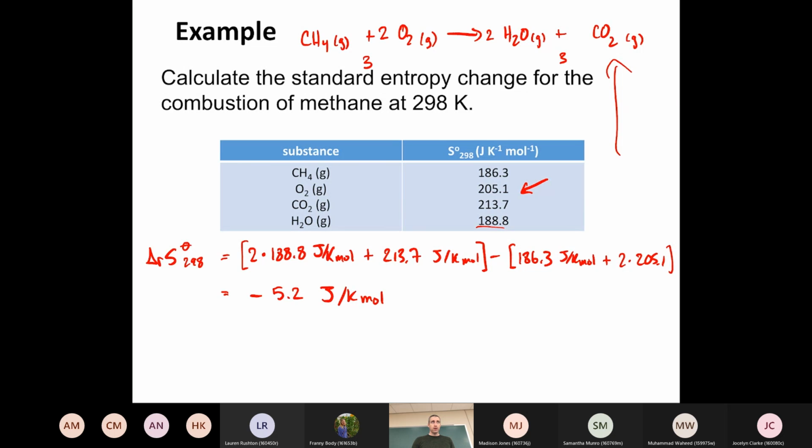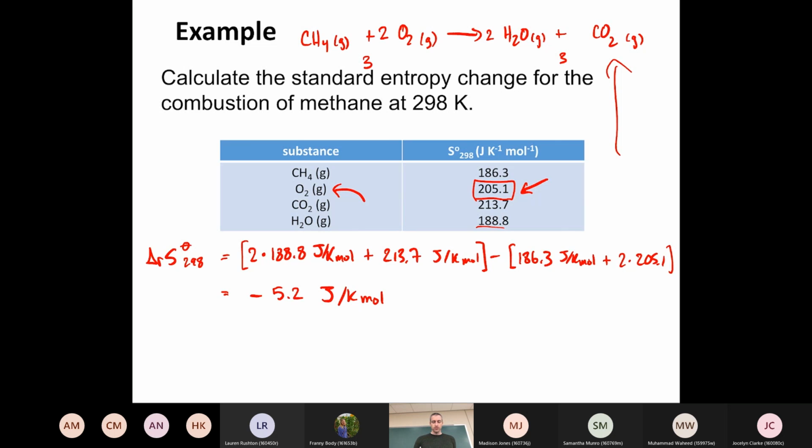Another thing I wanted to point out is that oxygen is there, and oxygen has a nice big fat standard molar entropy, 205.1. If you remember when we did enthalpies of formation, pure substances in their standard states like O2 had values of 0 for enthalpy of formation.